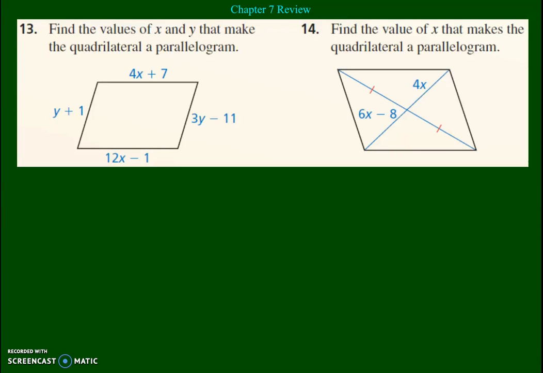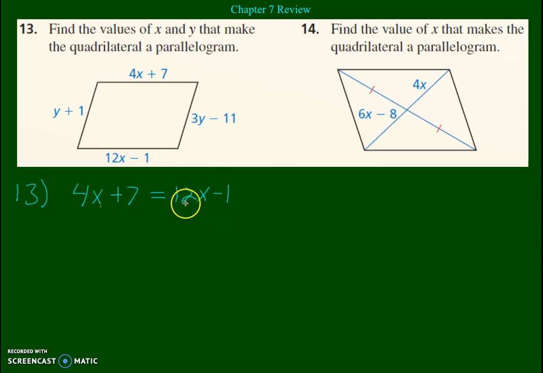In problem 13, it says find the values of x and y that make the quadrilateral a parallelogram. This is using the converse theorem, so these two sides and these two sides must be mutually congruent in order for this to be a parallelogram. So let's solve this. For 13, we know that 4x plus 7 has to equal 12x minus 1.